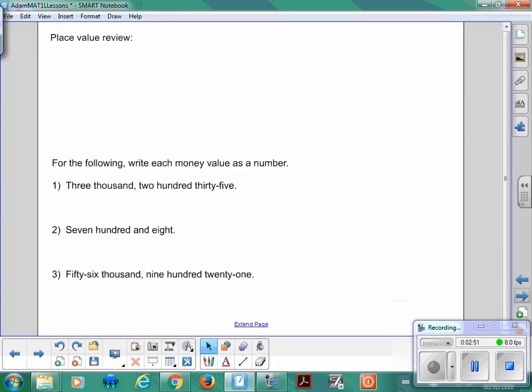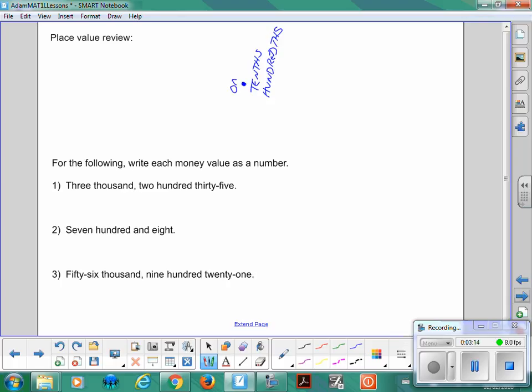On this one, place value review. Remember, we only have to go out 2 places on the decimal. I'm going to write on my side. We have the tenths and the hundredths. We only have to go to 2 decimal places with money, so we just need to know that.